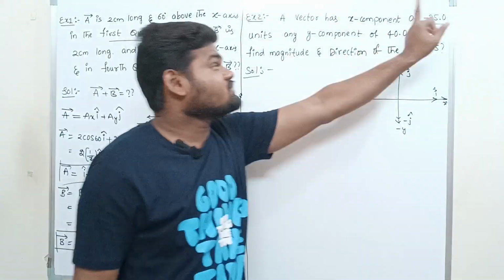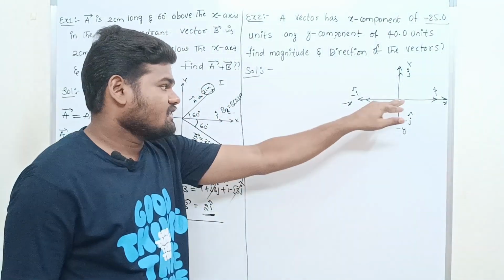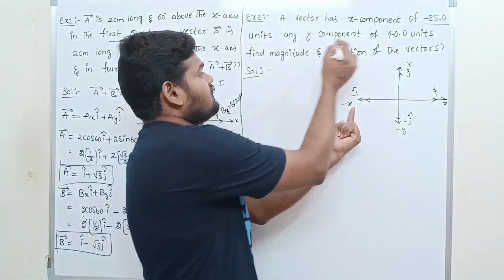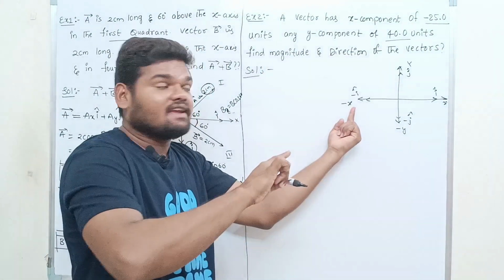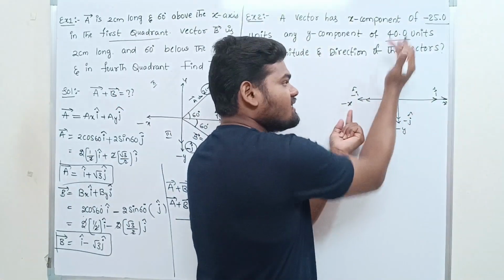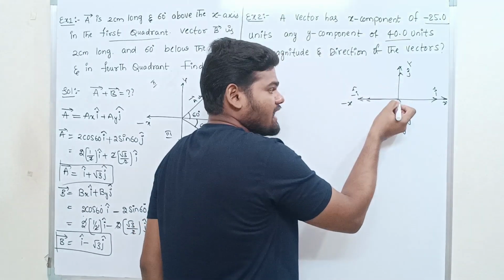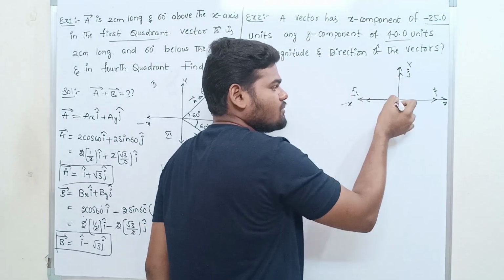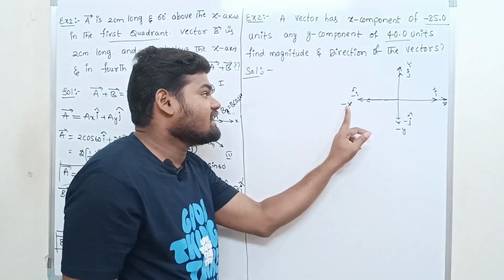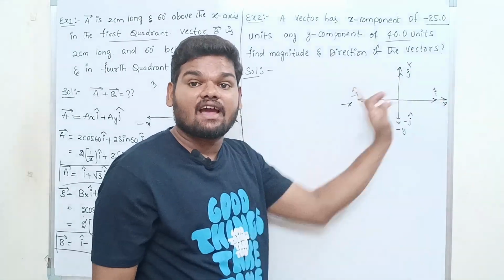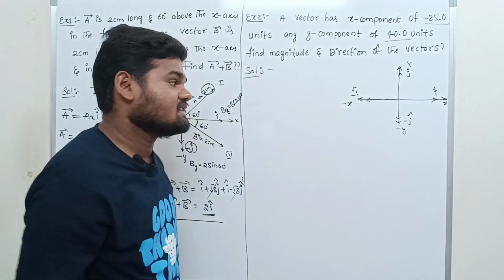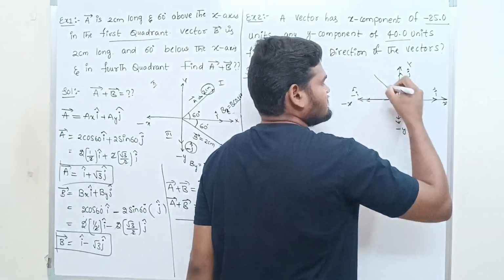Minus 25 they have given, in this direction, along the negative x direction. Plus 40 along the y component. This is the minus x component and this is the y component, minus x plus y. So the vector they have given lies in between the minus x and the positive y axis. Have a look, the vector is like this.